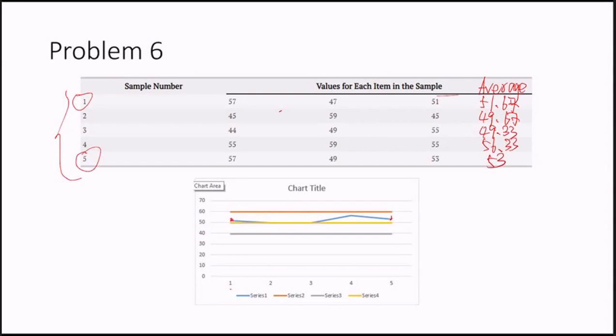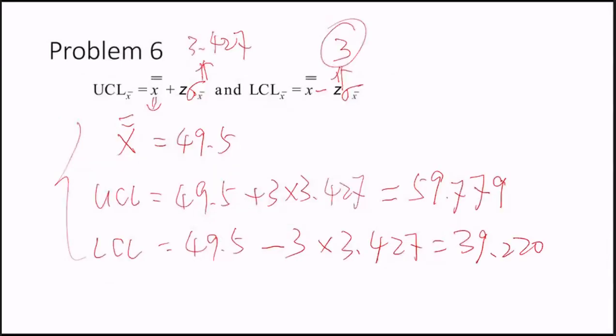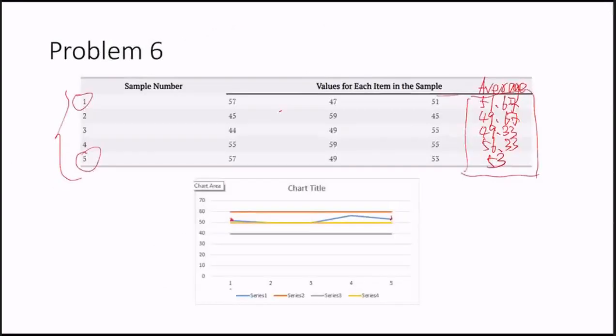Then you just put all the samples into the control chart you obtain. For example, the orange line represents the upper control limit. What we obtain here is 59, and you just put those numbers into the control chart to represent the samples. And according to the control chart we obtain here, we find all of the 5 samples are within the limits, and they just cross the center line.